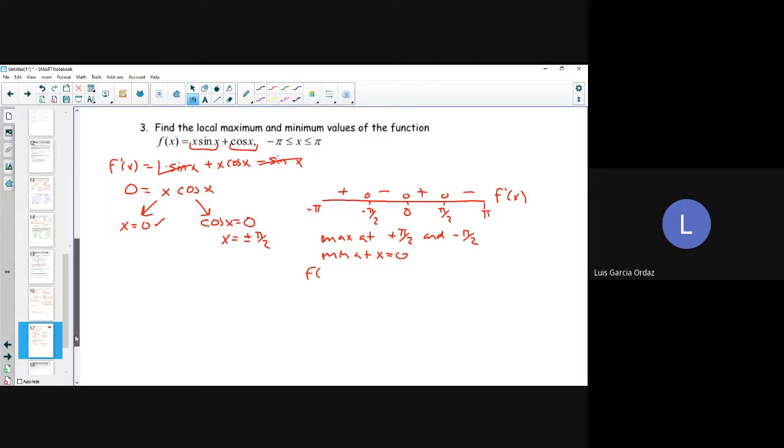So I have f at 0, sub it in for x, I get 1, which means my min is at 0 and 1. And then my two maxes, I sub in f at pi over 2 and f at negative pi over 2. And they both give me a value of pi over 2, which means I have max points at pi over 2 and pi over 2, and at negative pi over 2 and pi over 2.